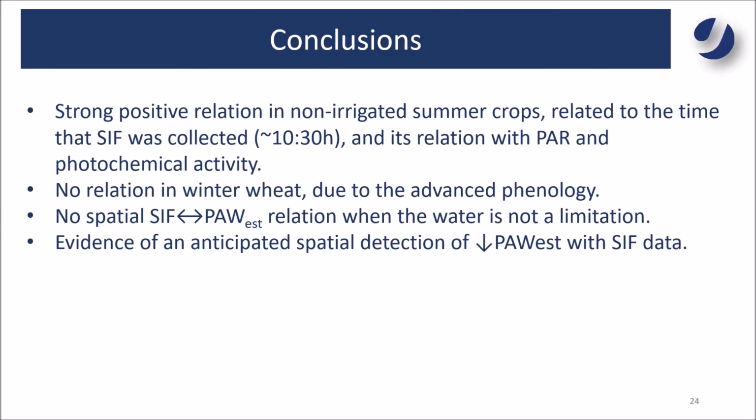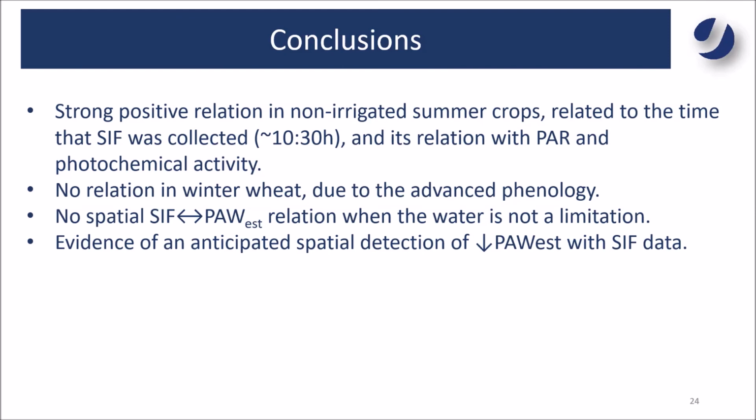Then we found a relation in winter wheat, even if it was not yellowing yet, but it was fluorescing less, and with no relation at all with the water available for plants in the soil. We think that this is because of the advanced phenology.